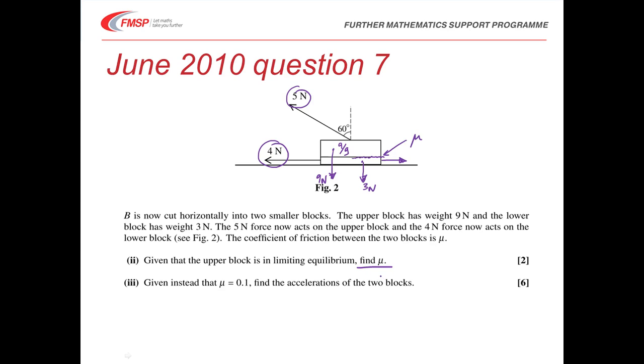We're told it's in limiting equilibrium, so we are equating components in order to do that. And then for the last part of the question we're going to take instead a value of mu for the coefficient of friction between the two parts of the block to find the accelerations of the two separate pieces.